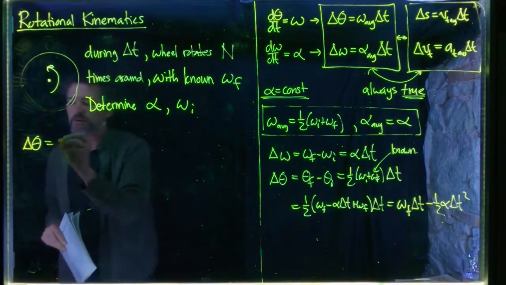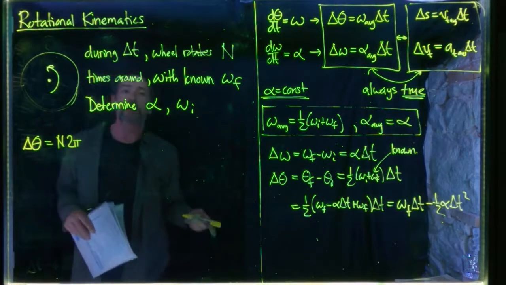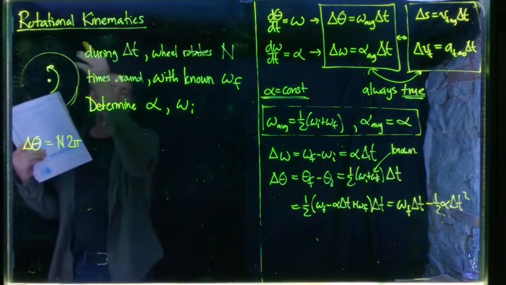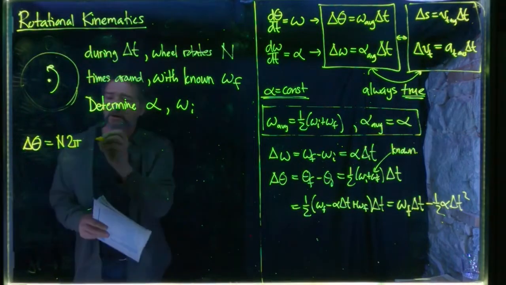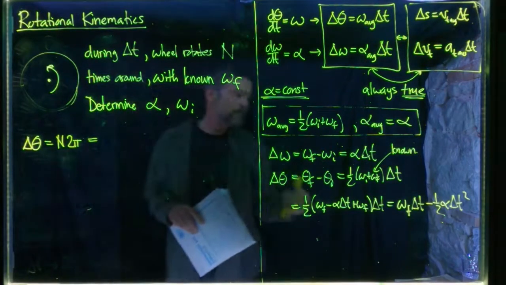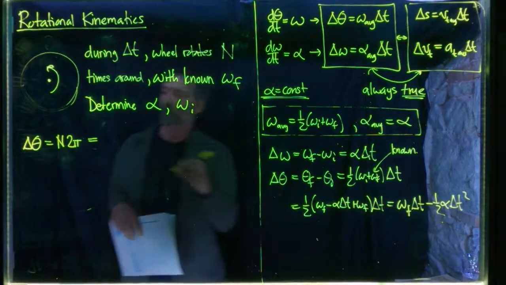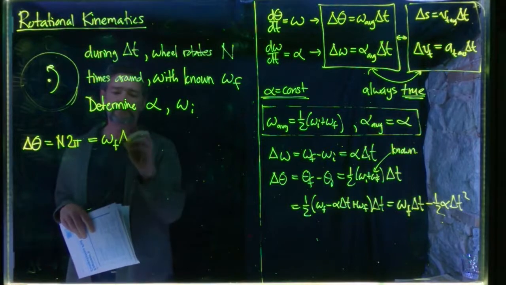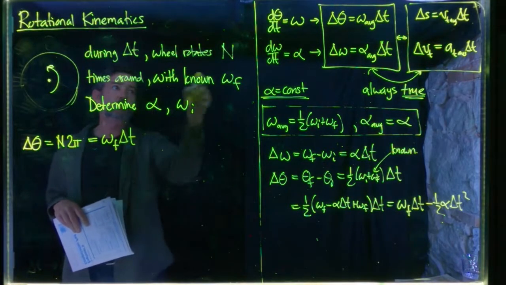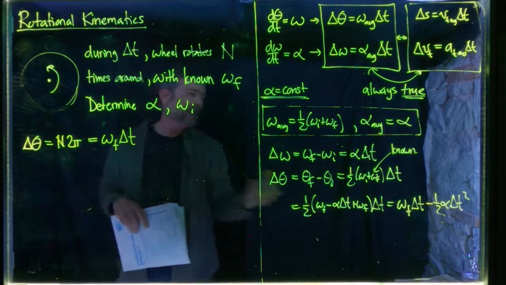So delta theta is n times 2 pi. That is the angular displacement of any point on that wheel during that time interval delta t. So that's what delta theta is. And then that's supposed to equal omega final times delta t. Okay, so we know omega final and we know delta t.